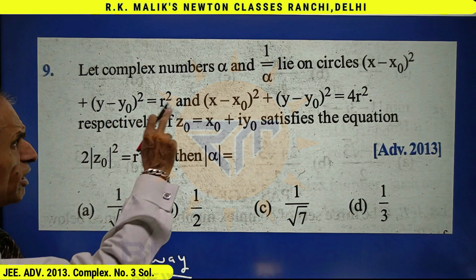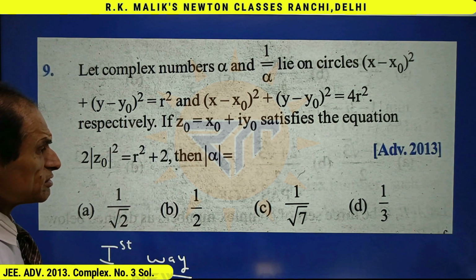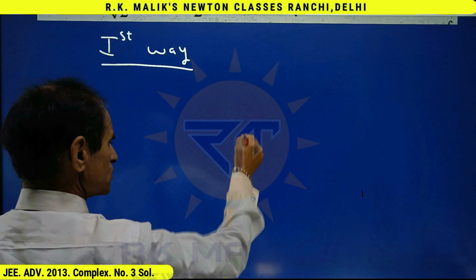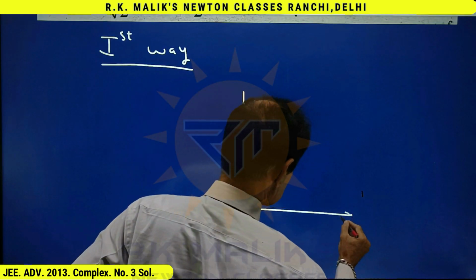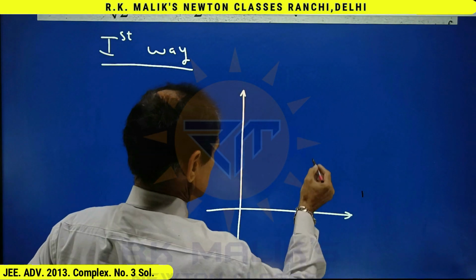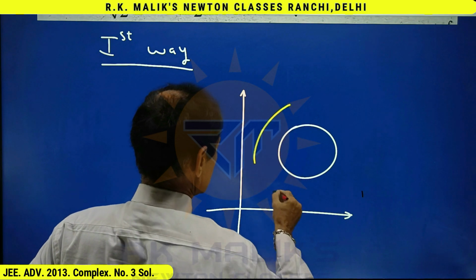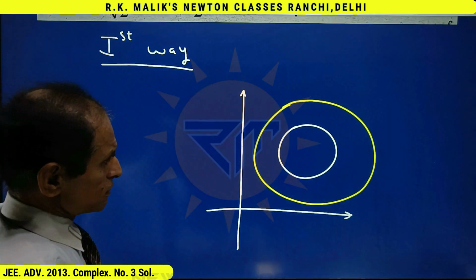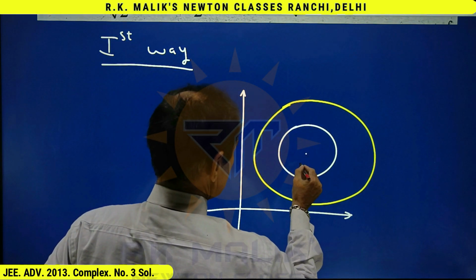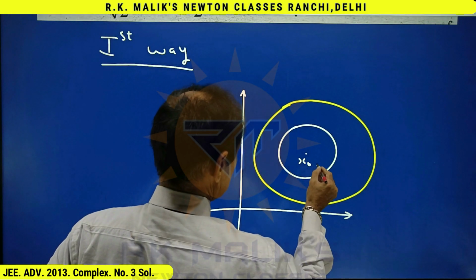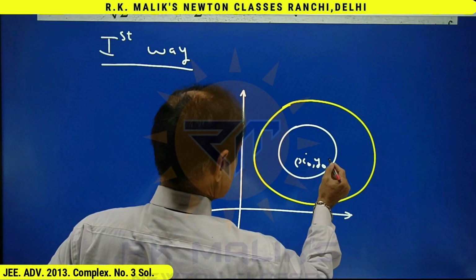If I draw the picture of this given information, the picture will be something like this, here the center is x0, y0.